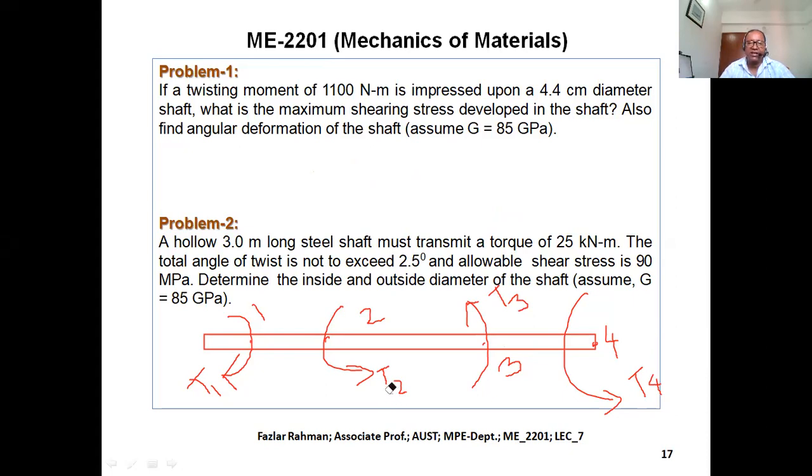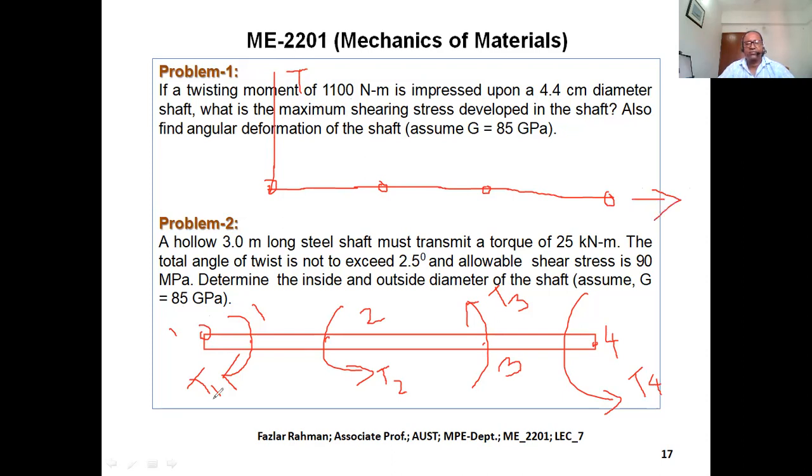T3 might look like the highest value, or might not. So what will we do? You will think of an x-axis. You start from point 1, this is point 1, this is point 2, point 3, this is point 4. And I'm saying along this line is torque, along this length of the shaft.